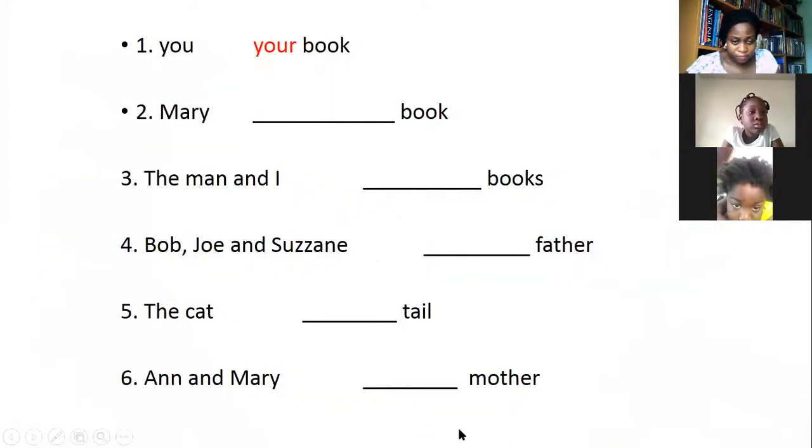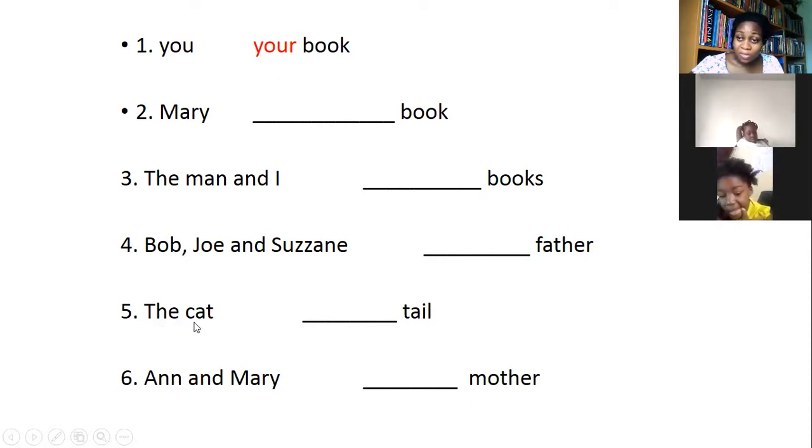Next one. The cat's tail. This is the cat's tail. So we are replacing the cat with a possessive adjective. Mind you, the possessive adjective always replaces a noun in a sentence.